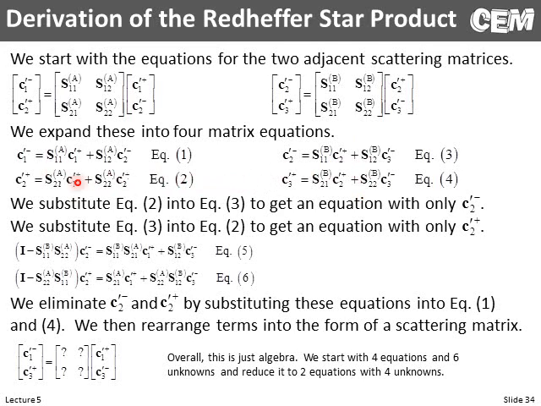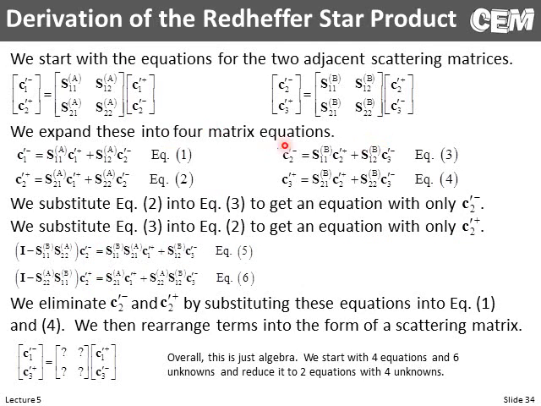We will substitute equation 2 into equation 3 and end up with an equation that only has C2 minus. The C2 plus will eliminate. Then we can substitute equation 3 into equation 2 to eliminate the C2 minus and have an equation only with C2 plus. So here are these 2 equations.